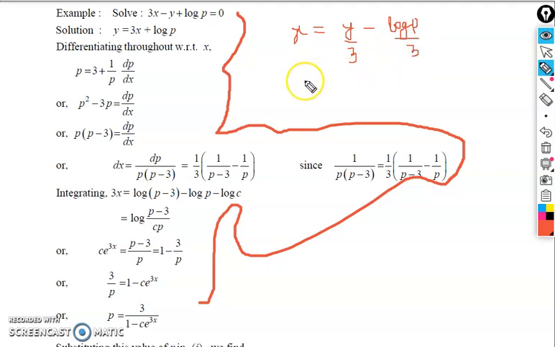The procedure for solving a differential equation of first order higher degree solvable for x means that this problem can also use solvable for x. In that case, first we take the differentiation with respect to y.